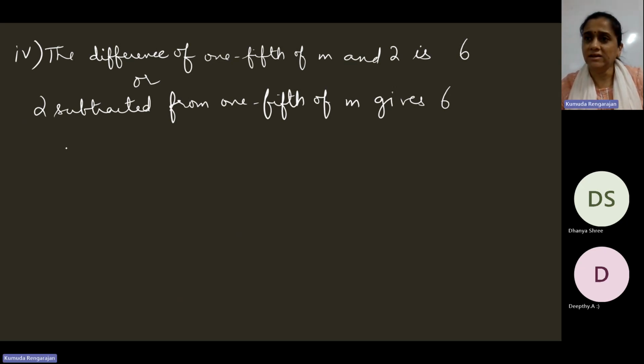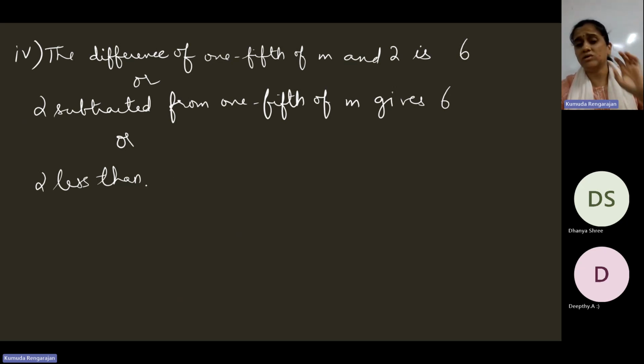Okay, 2 less than. It's correct, but that order, m divided by 6. See, this one will not convey the meaning correctly because it will also mean 2 less than m, and the whole thing is divided by 5.